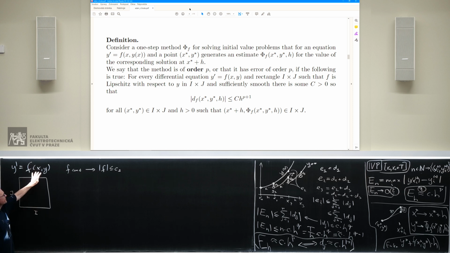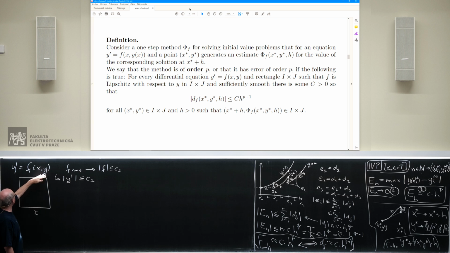Well, if the right-hand side is bounded, then it means that also the derivative of our solutions is bounded. So every solution which passes through this rectangle, while it passes, has a bounded derivative. Will this be needed? Well, actually, not as such. You will see later in the proof that we will need similar information, but about the second derivative.